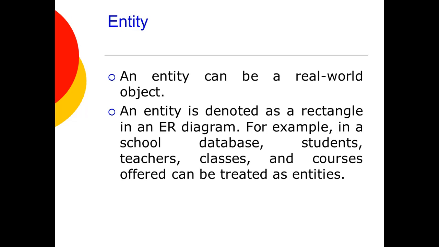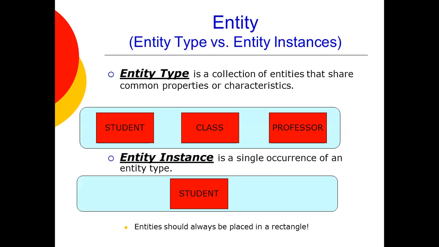Here we are just considering the database of the school. Of course there is the involvement of different students, teachers, classes, courses, etc. Now here we can see entity type versus entity instances. There are a number of examples of the entity here.